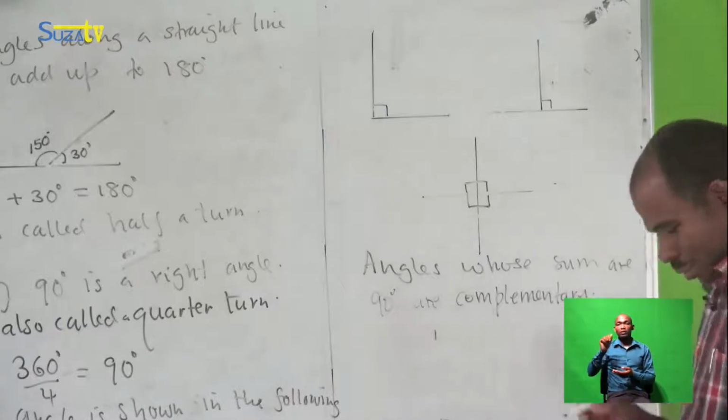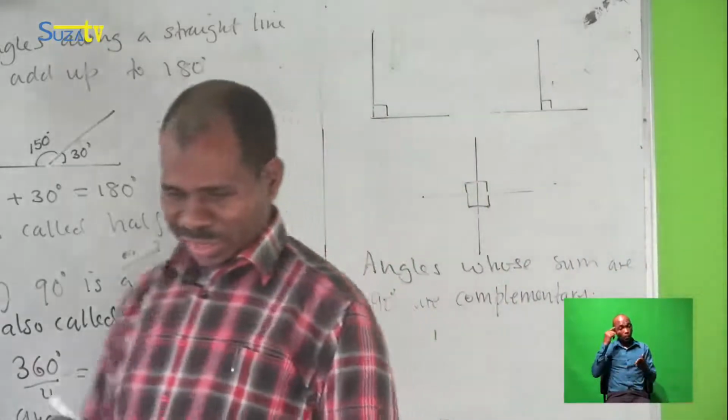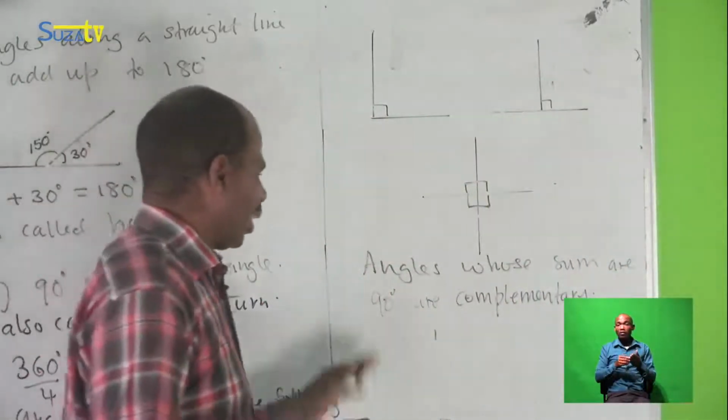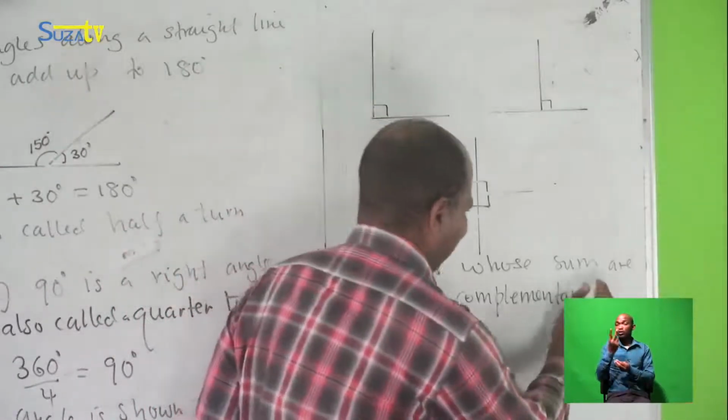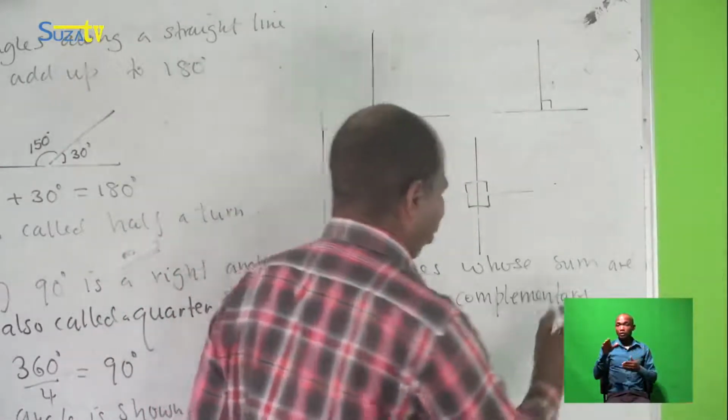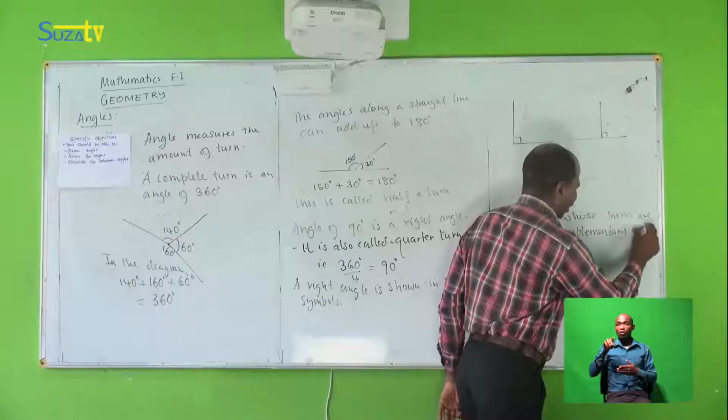So it means if you add two angles and their sum is 90 degrees, these are called complementary angles.